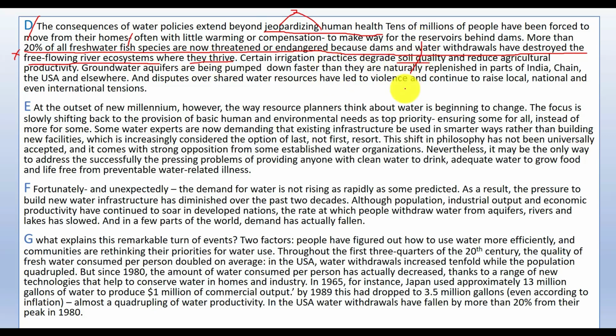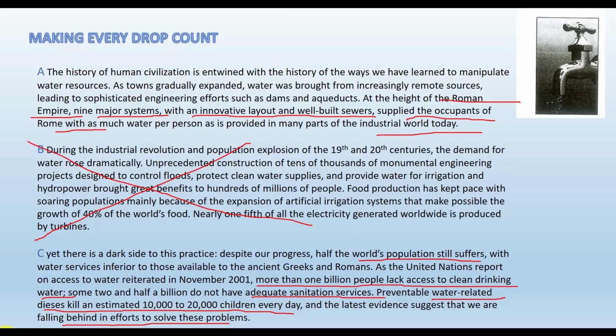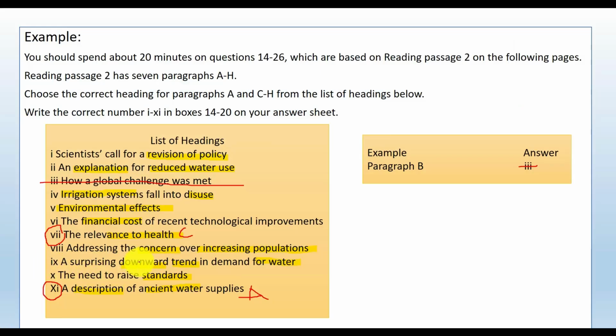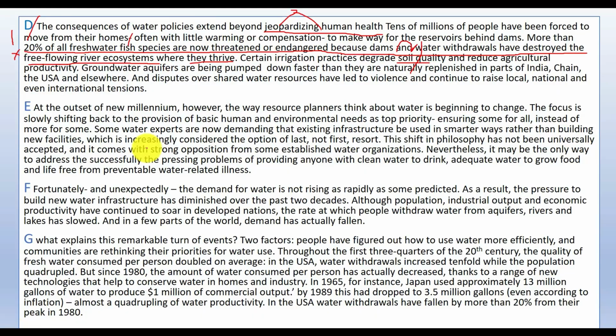Okay, as I said, this is my number one, and this is my number two option that relates to the environment. And I have read in my hidden titles that there is something to do with environment, environmental effects, and this is the answer for paragraph D. That was easy to find. Now let's go to the next paragraph.